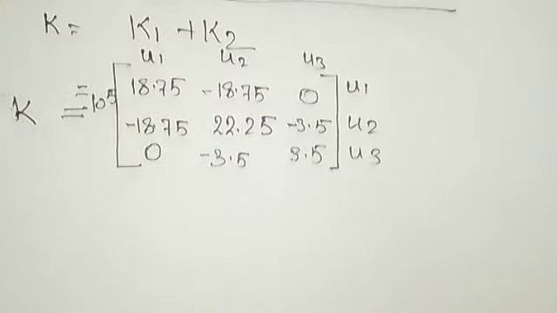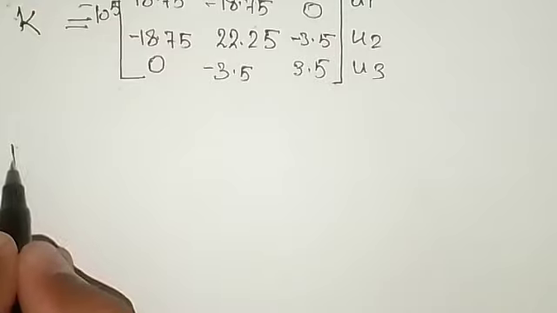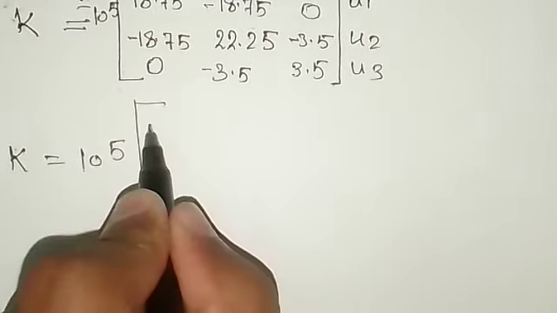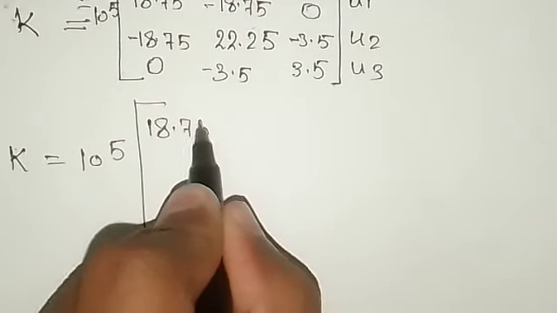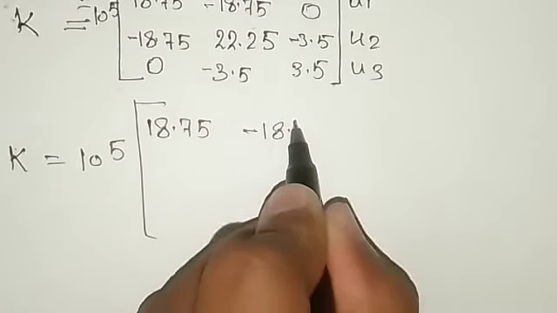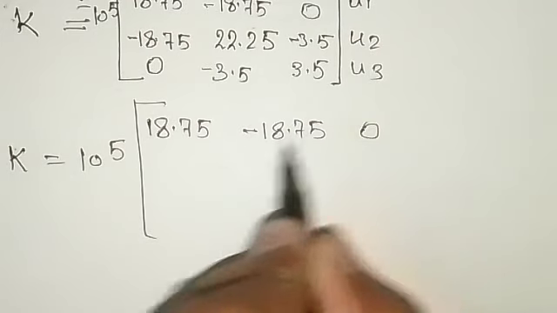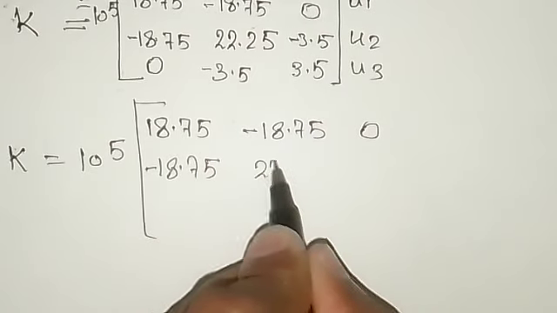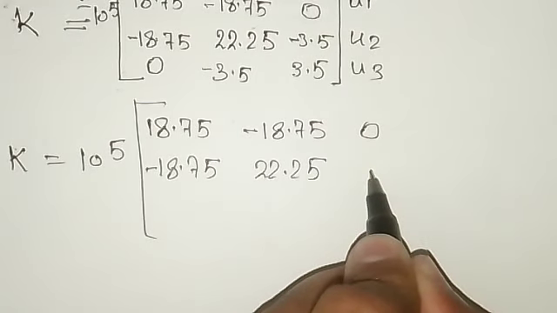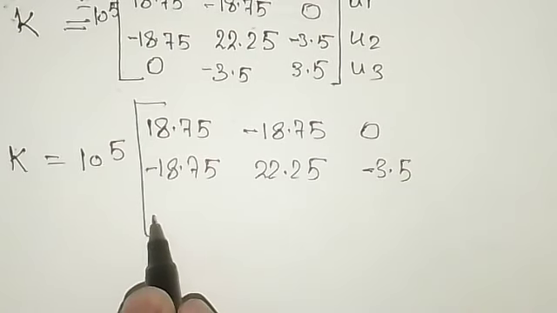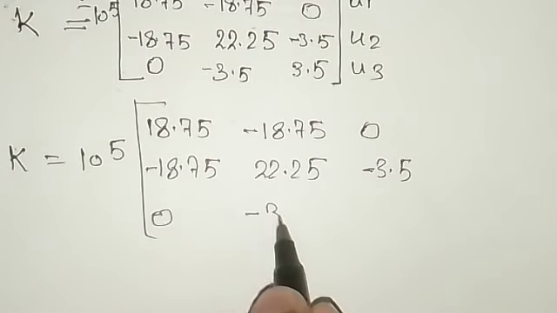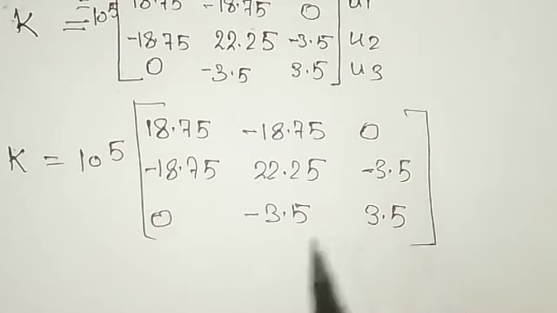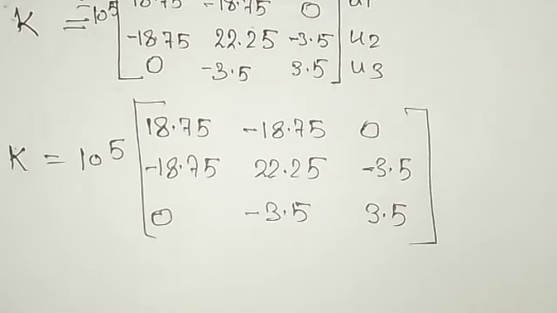Or, okay, in fresh, you can write that K is equal to 10 to the power of 5, 18.75, minus 18.75, 0, minus 18.75, 22.25, minus 3.5, 0, minus 3.5 and 3.5. Okay, so this is what we got, the global stiffness matrix.